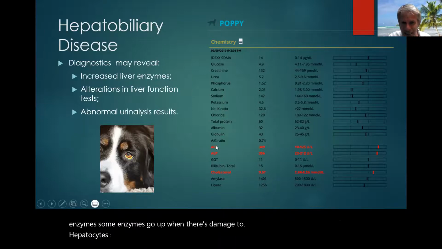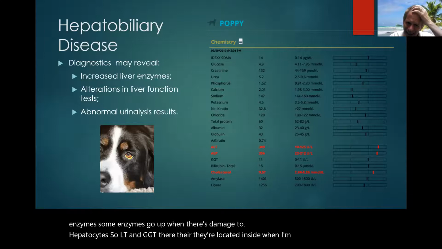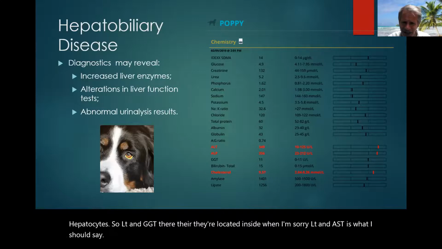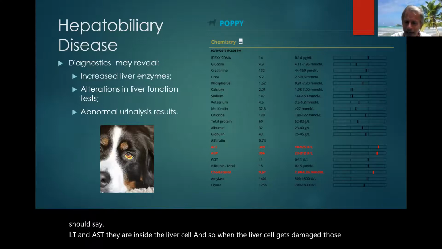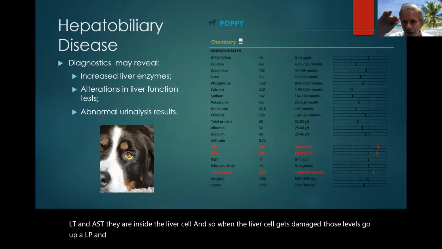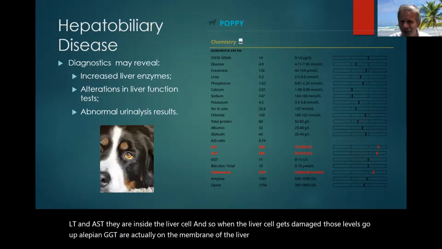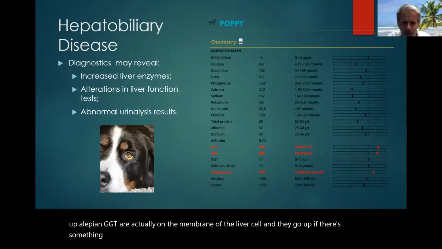So ALT and AST, they are inside the liver cell, and so when the liver cell gets damaged, those levels go up. ALP and GGT are actually on the membrane of the liver cell, and they go up if there's something that's obstructing bile flow. So liver enzymes can help us.